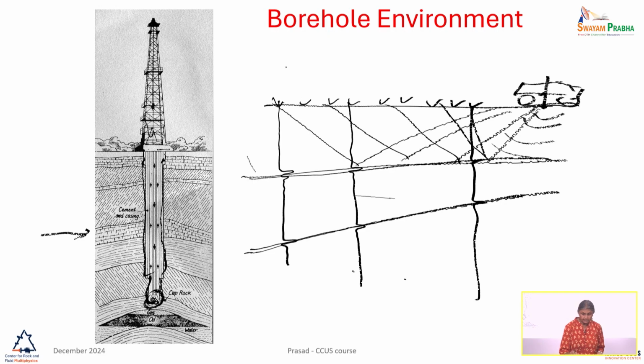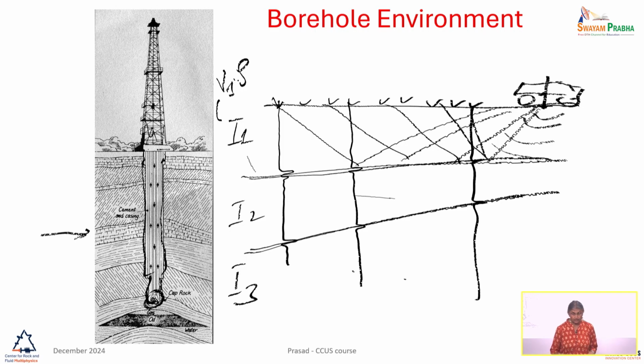That's one thing. I know the impedance here. So I have impedance information. Let's say I have impedance I1, I2, I3. And this is just the velocity times the density, right? Very much like optics. Think back to your optics.